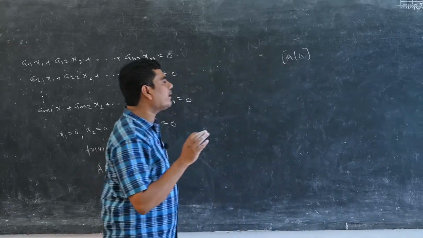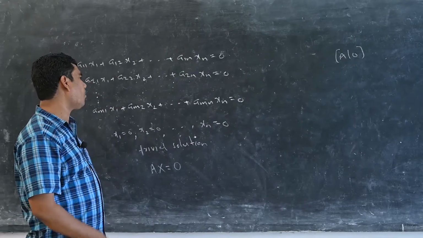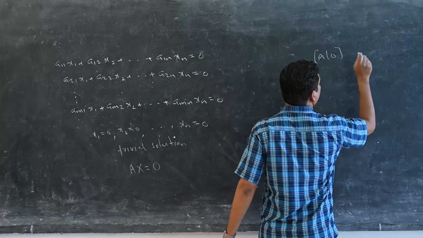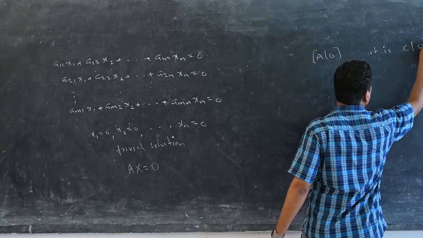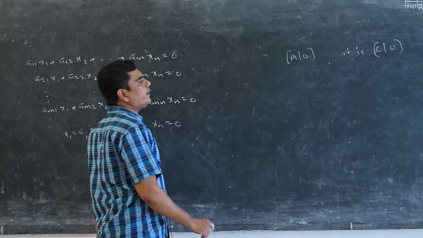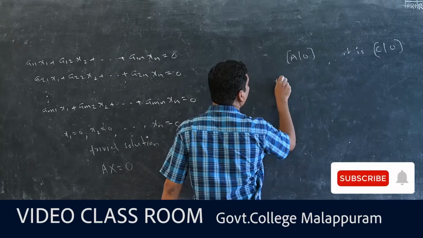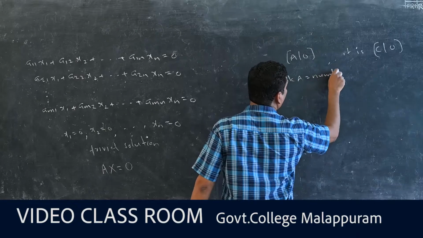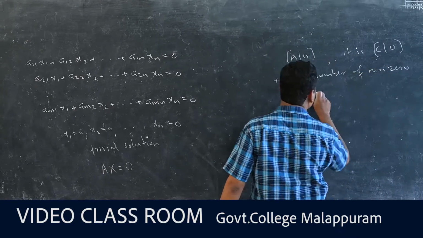Suppose it is C0. Then rank A is equal to the number of non-zero rows in C.